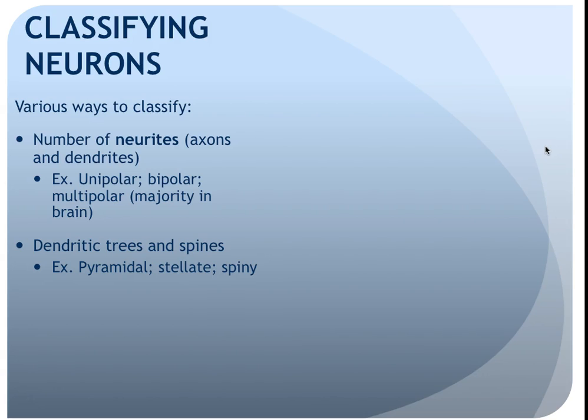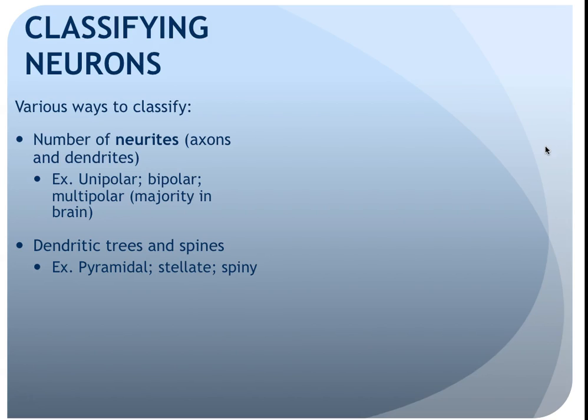We can also classify them by what type or shape of dendritic tree they have. I showed you in the last slide how they form a little branching pattern. Well, there are different branching patterns, and some neurons have more or fewer dendrites, and they tend to be shaped in different ways, depending on which structure you're looking at, and it's actually related to their function as well.